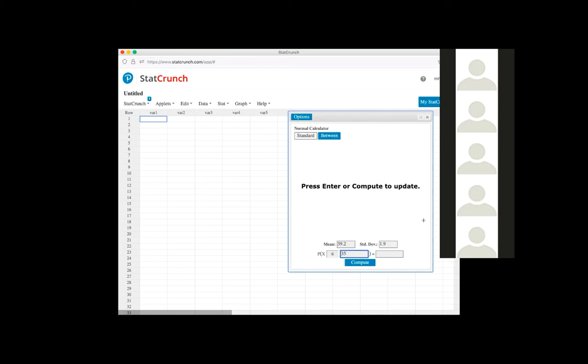Not using the standard normal curve, using the information as it is in the problem, not calculating a z-score. Do I get pretty much the same answer? Yep. If I convert to a percent, it's 1.35. Pretty much the same answer. It only differs in the fourth decimal place.